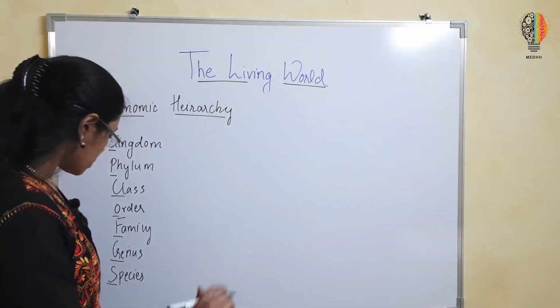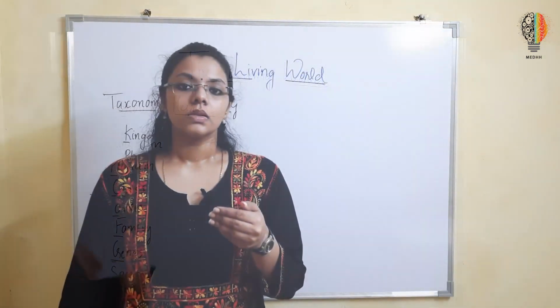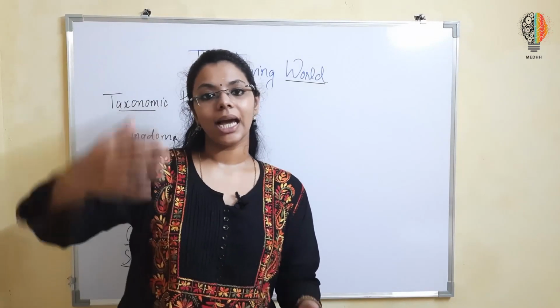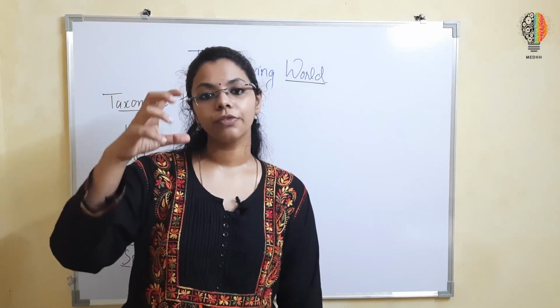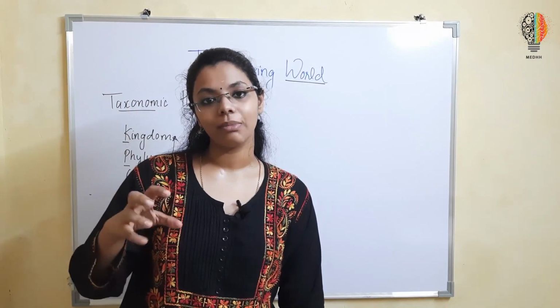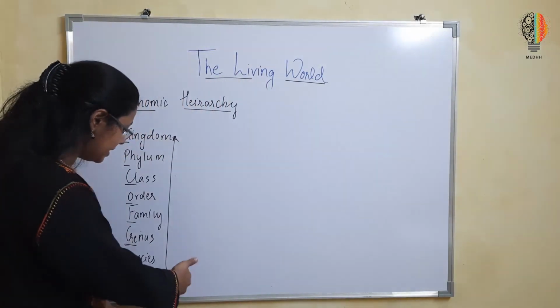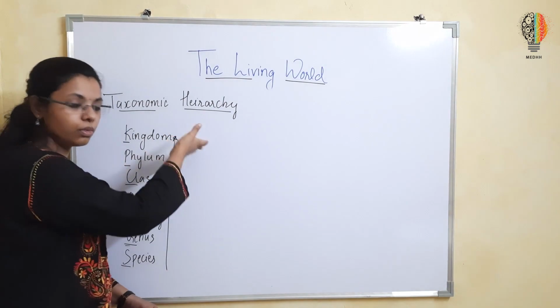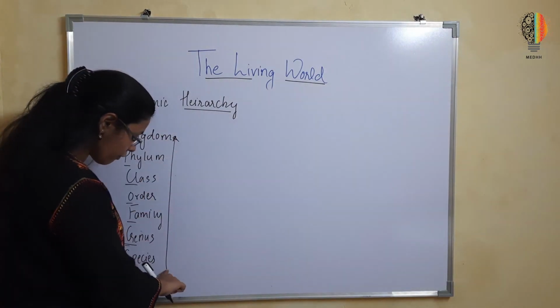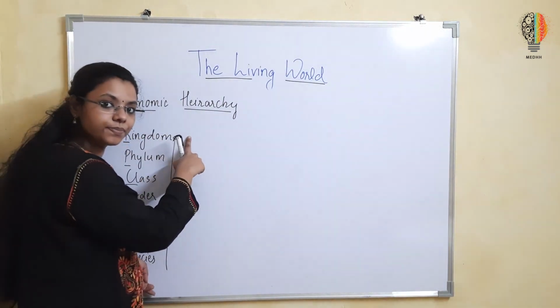Okay, so let's get into it. When we read the hierarchy level, it is kingdom, phylum, class, order, family, genus and species. But the direction we have to go about is from species to kingdom.